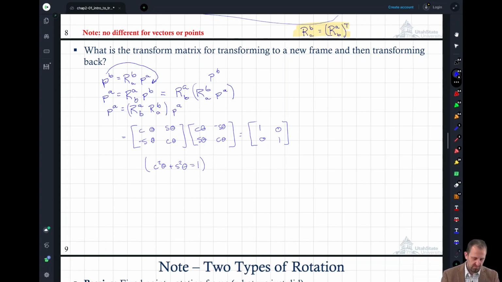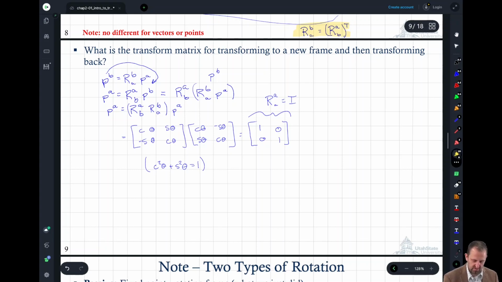Okay, so this is really important. The transform from any frame to itself is equal to the identity. This is another property that holds for both 2 dimensions and 3 dimensions. And let's see.